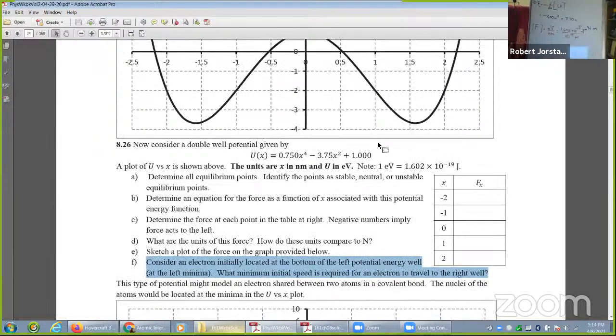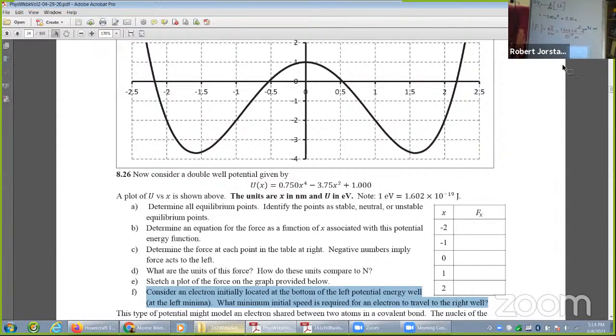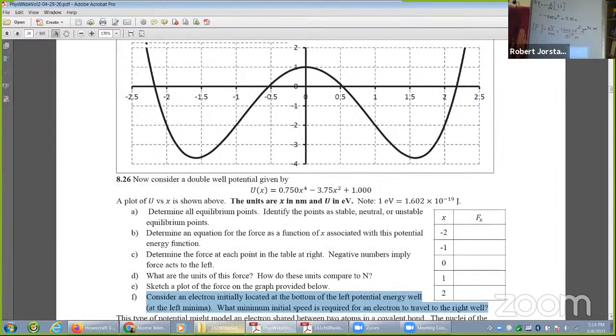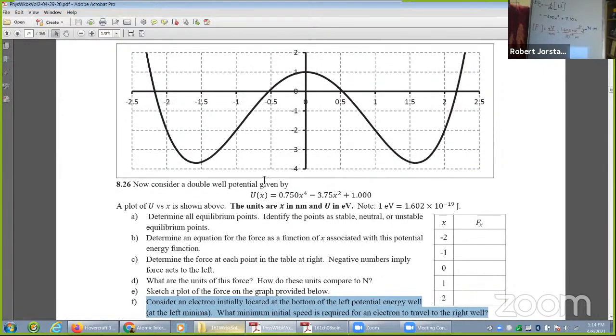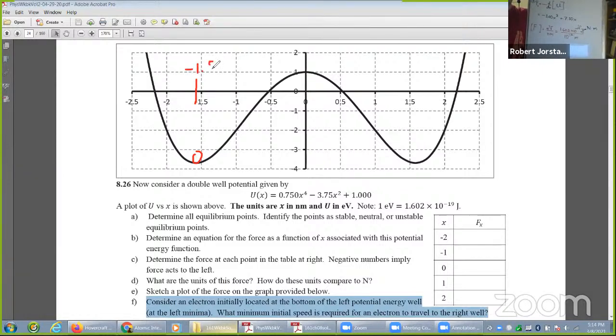This is a neat question right here. Consider an electron initially located in the left potential energy well. So let's say we have an electron right here at negative 1.581 nanometers.